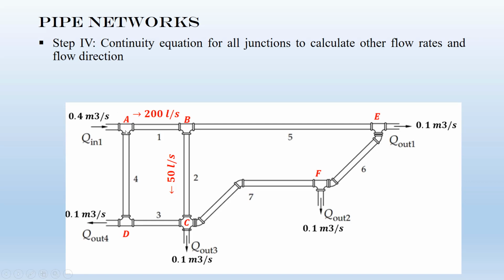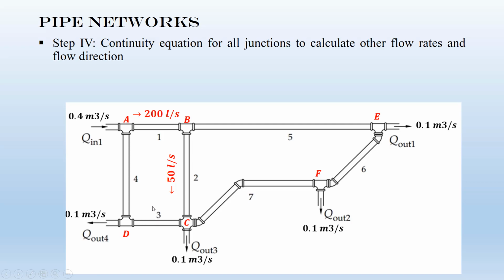For example, if you write the continuity equation for junction A, the volumetric flow rate in pipe 4 will be 200 liters per second, and the flow direction is downward. Correct? For junction D, if you write the continuity equation, this is 200, this is 100 liters per second.